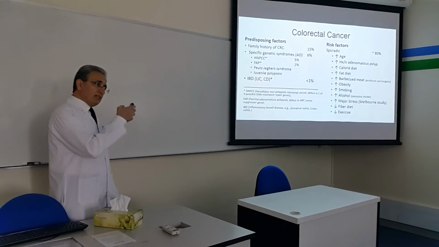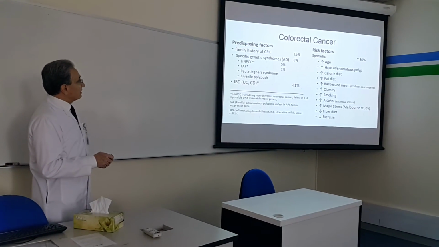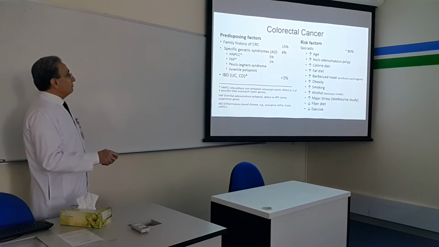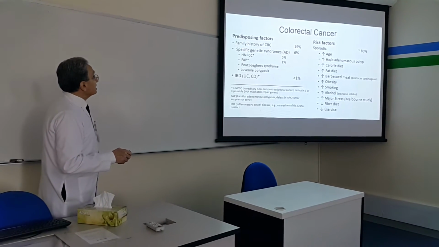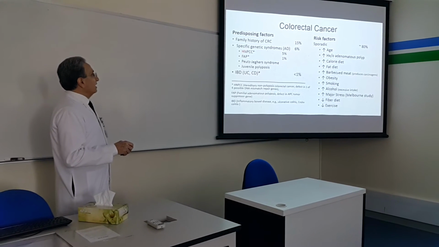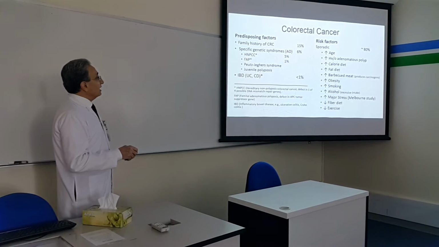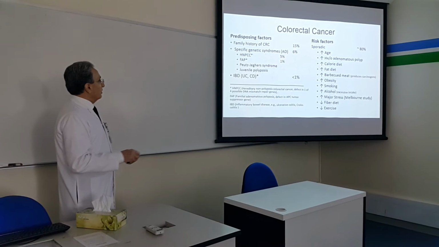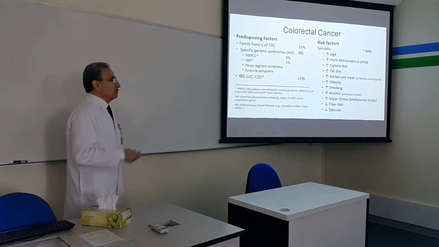Predisposing factors, then. Let's summarize what we have talked about and add more information. We have predisposing factors like family history of colorectal cancer, which will make about 15% of colorectal cancers in general in the population. Specific genetic syndromes will make 6%, including hereditary non-polyposis colorectal cancer, 5%, FAP, familial adenomatous polyposis, the case I've shown you, 1%, Peutz-Jeghers syndrome, juvenile polyposis, usually negligible risk.